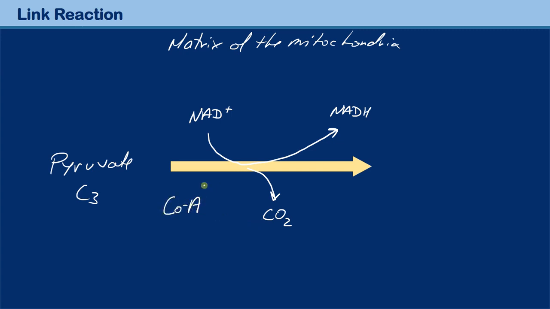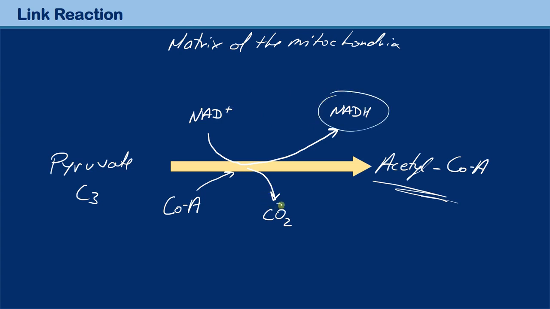Coenzyme A. Okay, in this step, and then we have at the end acetyl coenzyme A. That is also a very important central substance that you have to know. And this step, because we're oxidizing and we are decarboxylating, we call an oxidative decarboxylation.